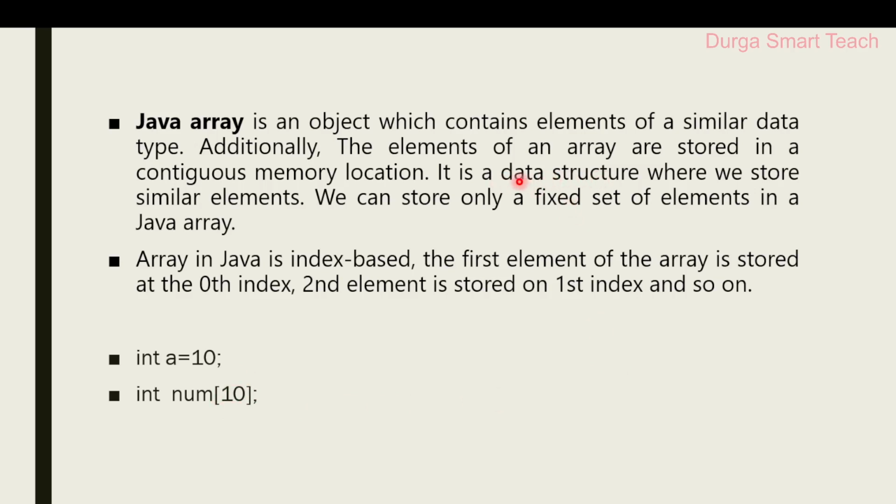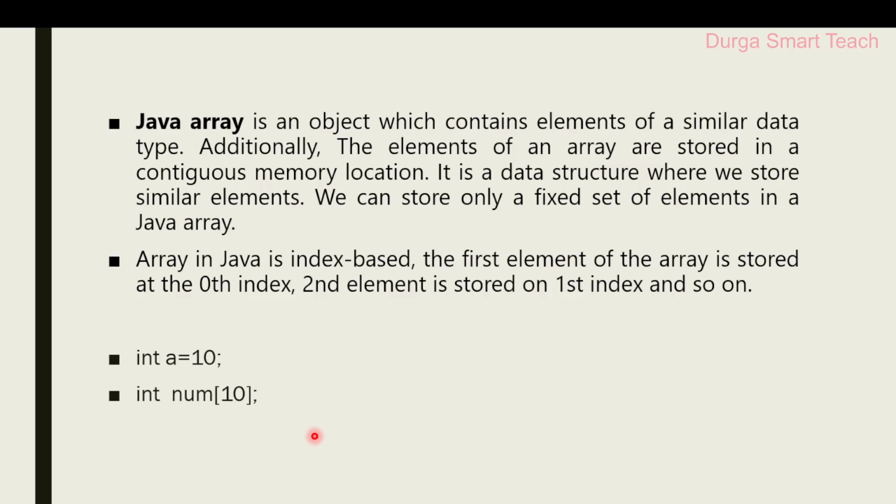A data structure is nothing but data represented in a certain structured format. That's why an array is known as a data structure, where we store similar elements. For example, if you want to store 10 employees' salaries, you can use float, so all 10 salaries belong to the float data type.